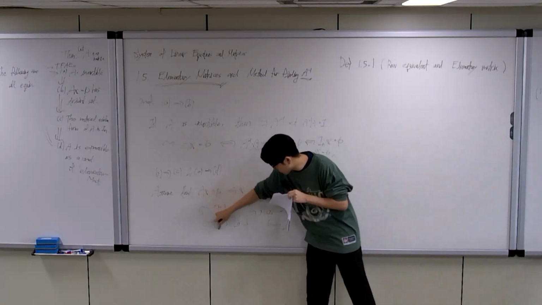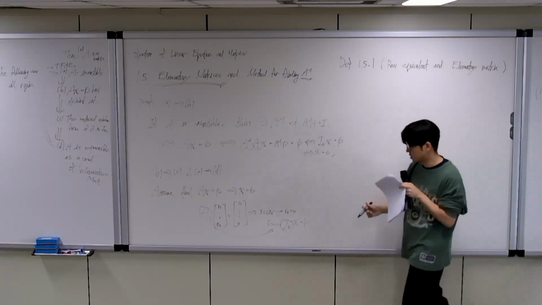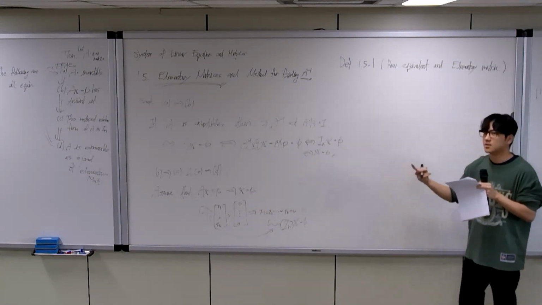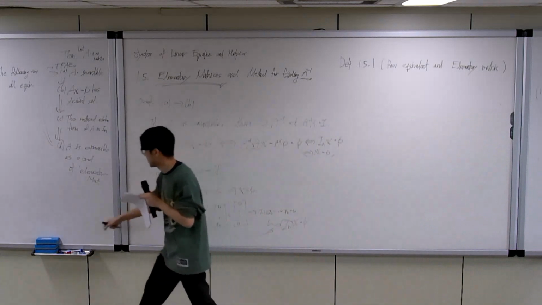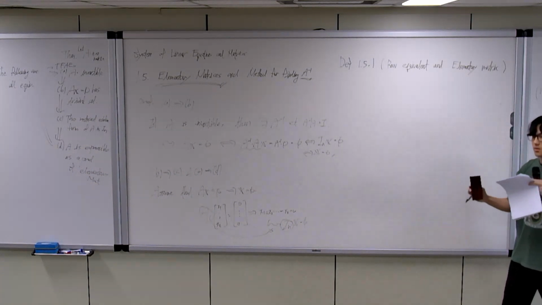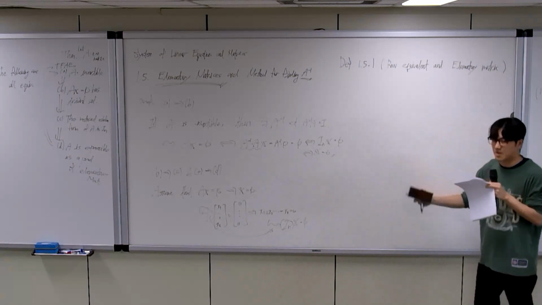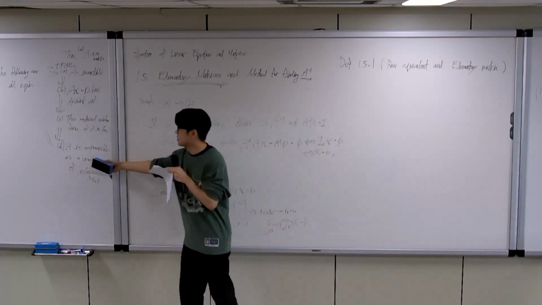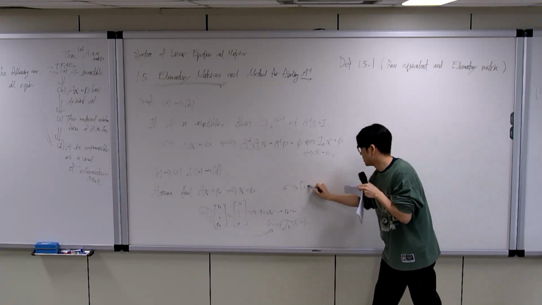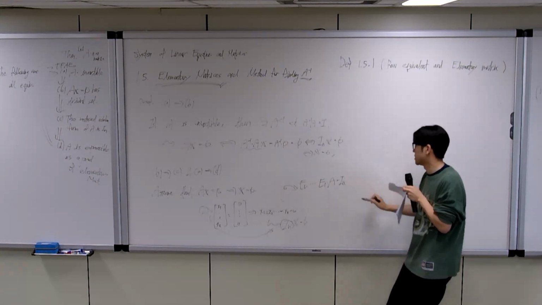Then there are some elementary row operations we can construct from A to the identity matrix, because these are the same linear system, and by converting the elementary row operations to elementary matrices, we get statement D, and it will be written as each elementary matrix multiplied to A is identity.